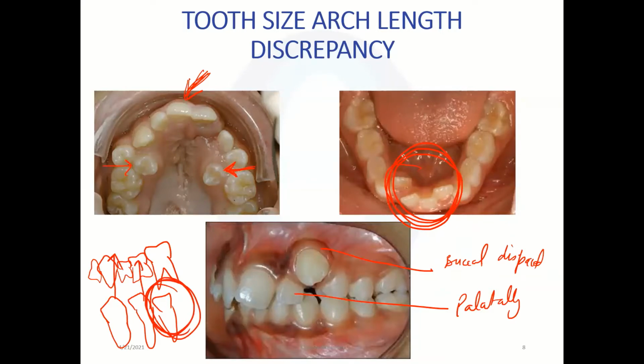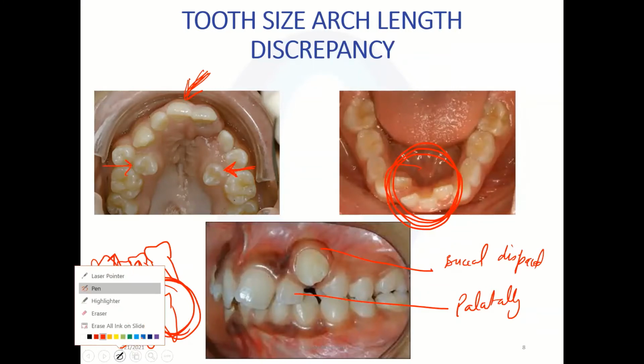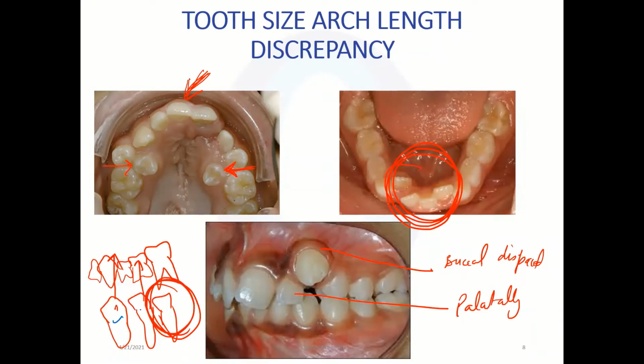This is why in the mandibular arch, when there is a tooth size arch length discrepancy, the second premolar is deflected: the canine and first premolar come earlier, and the second premolar is the last tooth to come in between these three teeth. There is no space in the arch, so it gets deflected.